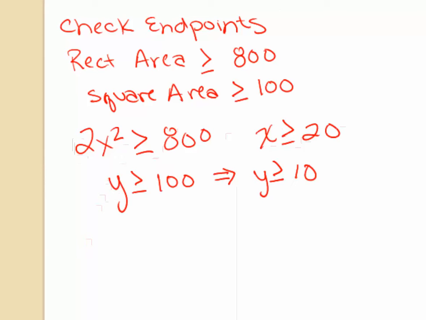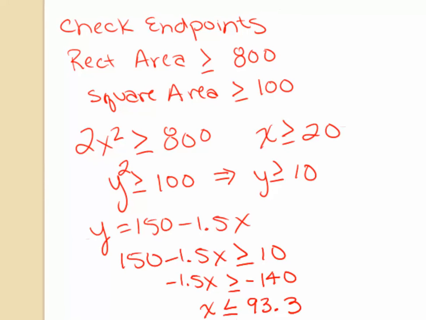If y squared is greater than or equal to 100, that implies that y is greater than or equal to 10. Previously, we solved for y in terms of x. Substituting that back in, 150 minus 1.5x is greater than or equal to 10. That means that x is less than or equal to 93.3.